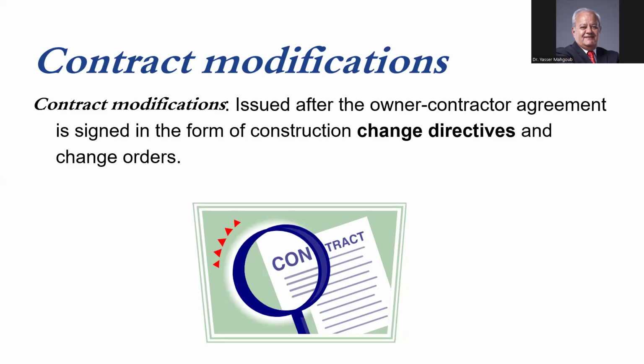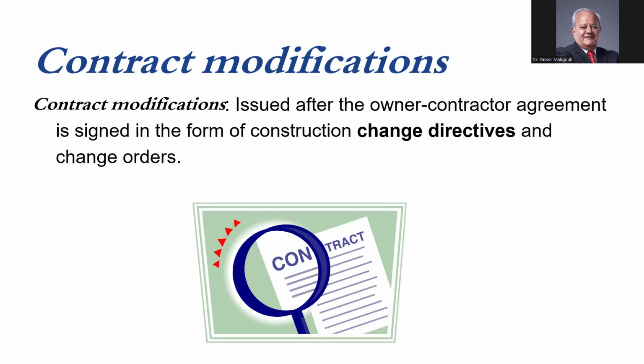After the signing of the contract with the contractor, you can also ask for changes or modifications. And these are called change directives or change orders or variation orders. They have different names depending on the European or American or different institutions. So you can hear it as variation order, VO, or change order, or contract modification.